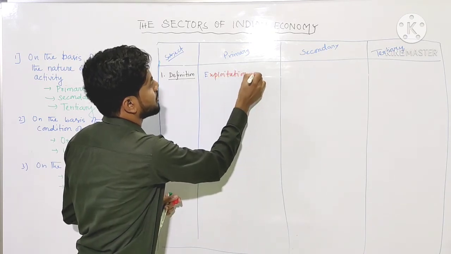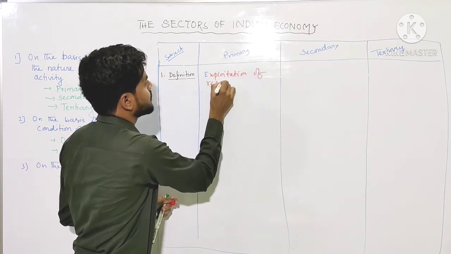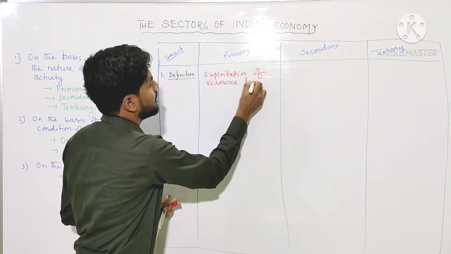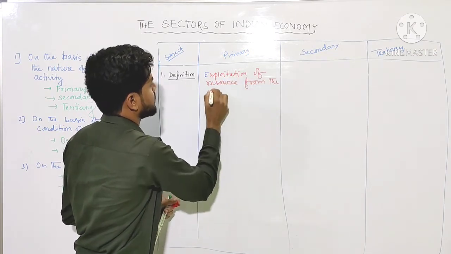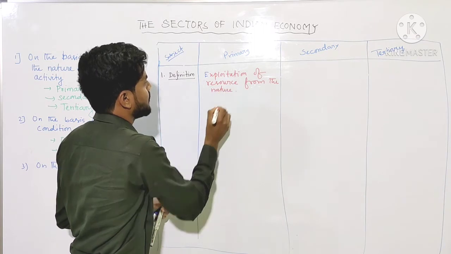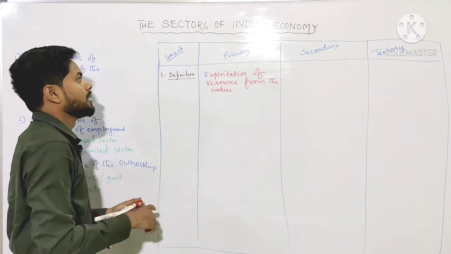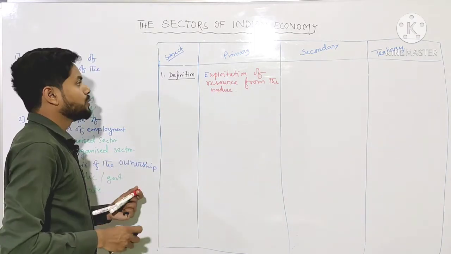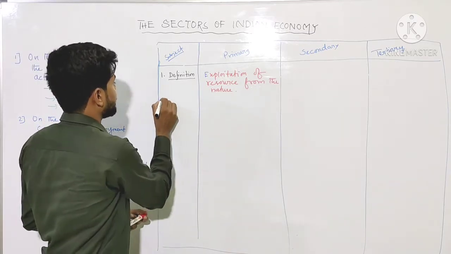Exploitation of resources from nature is known as primary activity. So which are the primary activities?